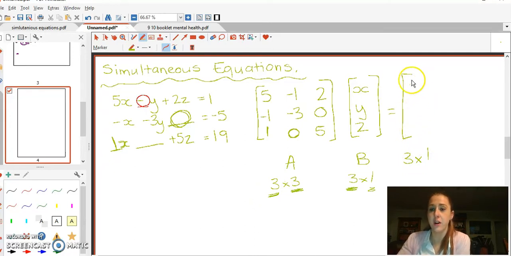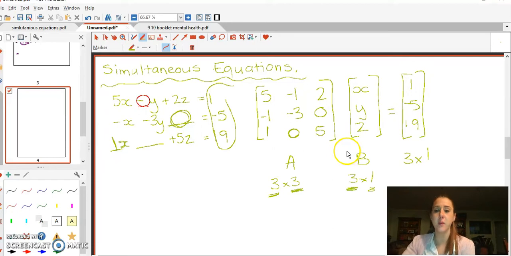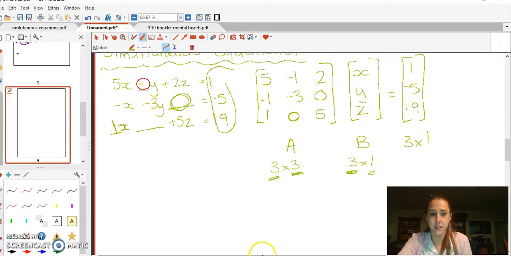So 3 rows, 1 column, so it will be the same as our column containing our x, y, and z, and we just take this from the answers here. So 1, negative 5, and 19. So that's completed the step where we are creating the different matrices.